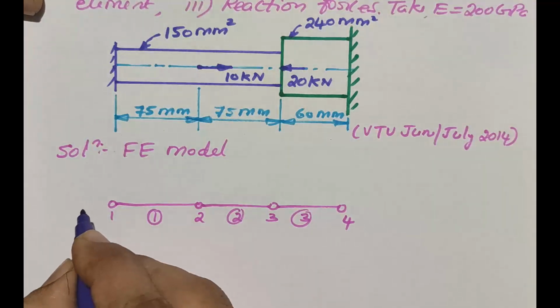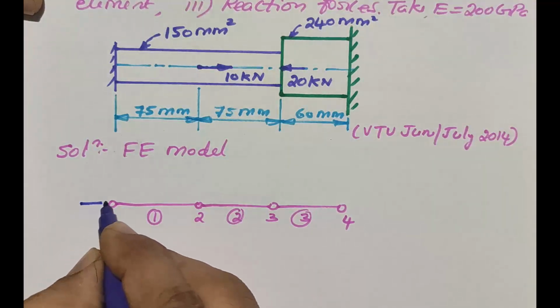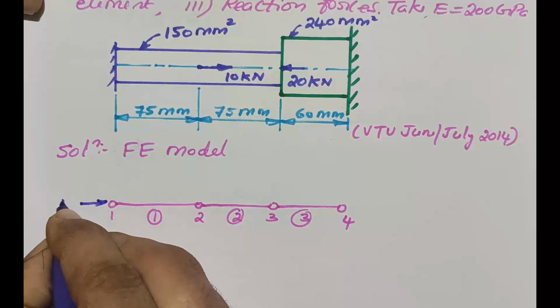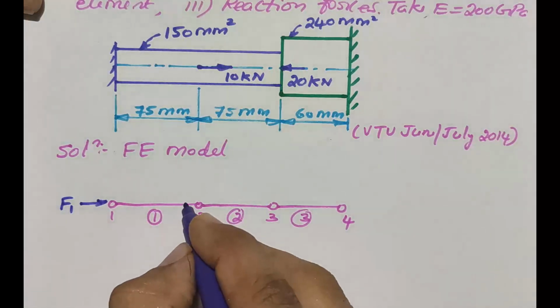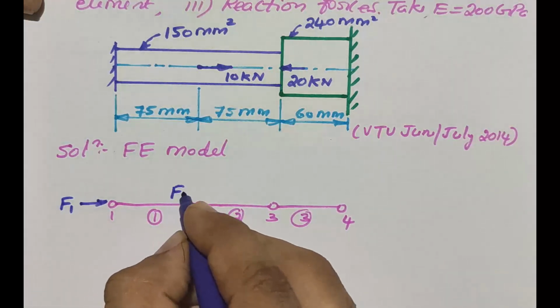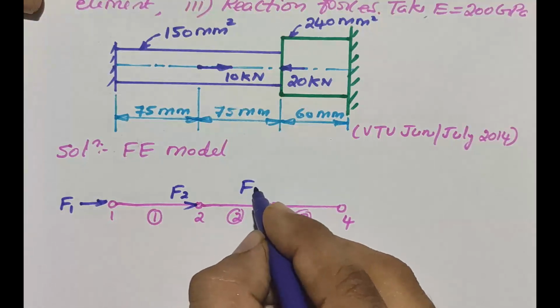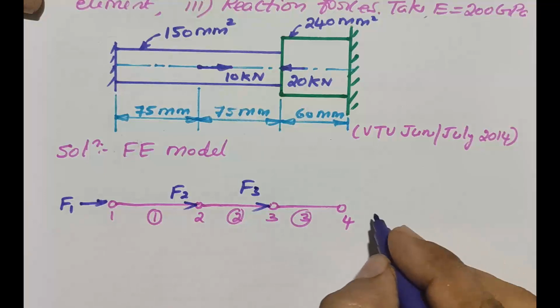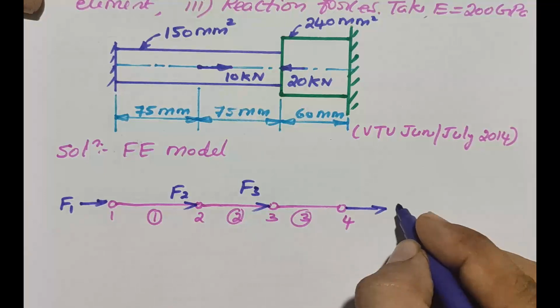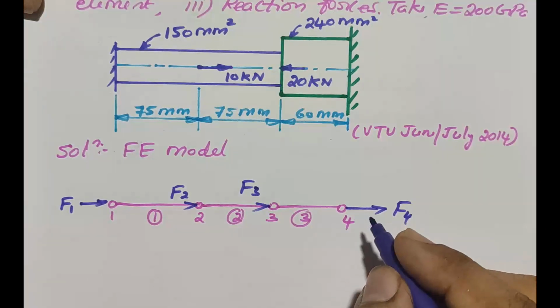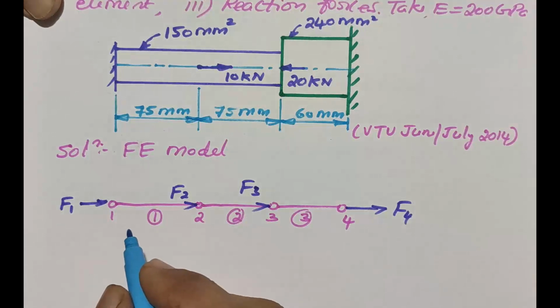Next we will consider the nodal forces. F1 at node number 1, F2 at node number 2, F3 at node number 3 and F4 at node number 4. Next, the nodal displacements.